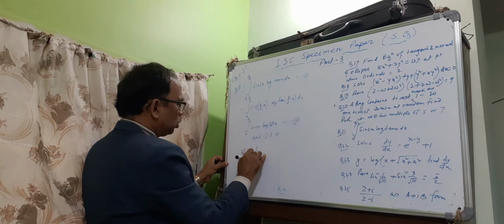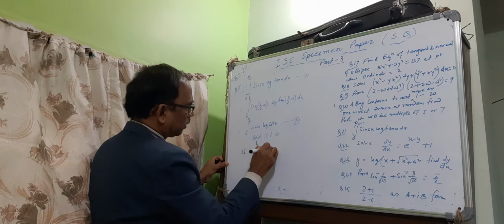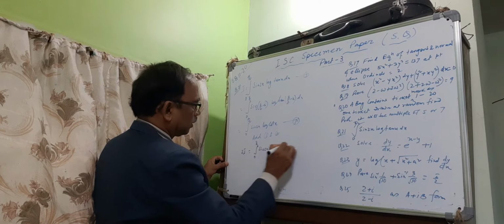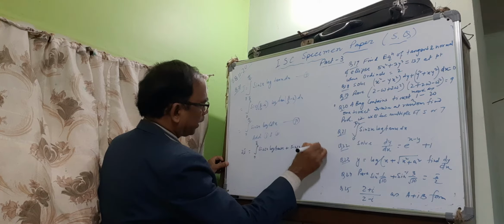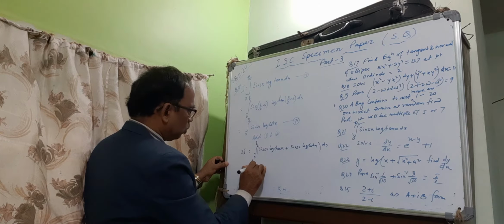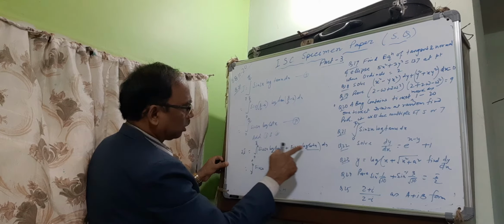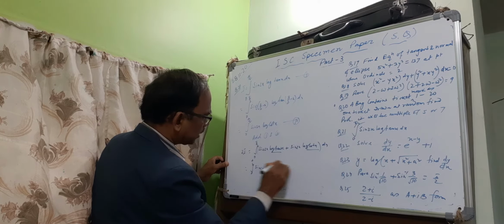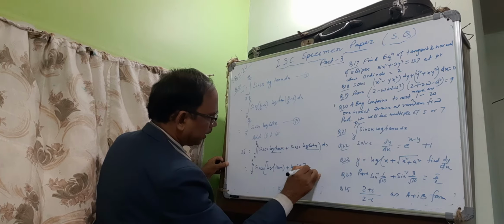2I equals integration from 0 to pi by 2 of sine 2x log of tan x plus sine 2x log of cot x dx. That is, from 0 to pi by 2, sine 2x is common, times log of tan x plus log of cot x dx.